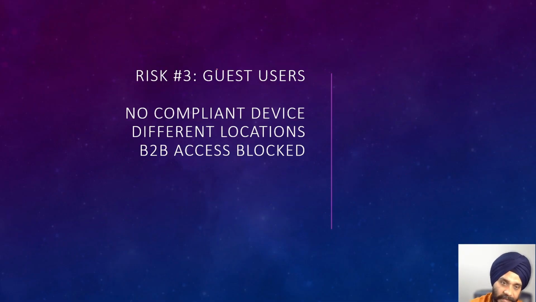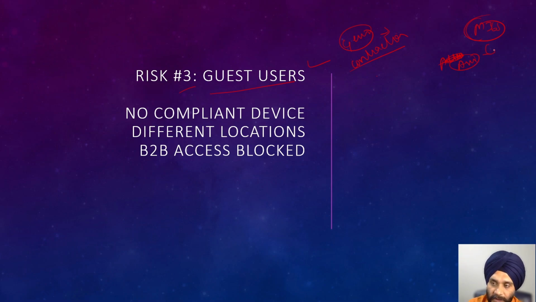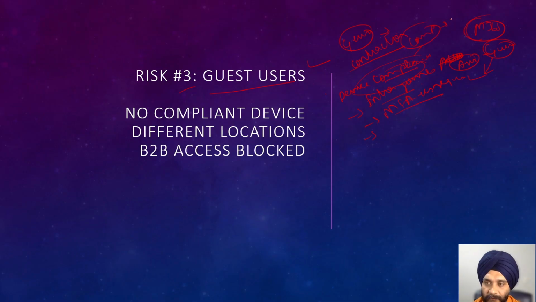Risk number three is guest users. Guest users are external users. Let's say you have a contractor, and this is your M365 portal. If you have selected all users, that includes guest users as well. If you have a conditional access policy set to a device compliance requirement, Intune join and device compliance are not possible, because since he is a contractor, he doesn't have a company-owned laptop or device, which means he logs in from his personal laptop.